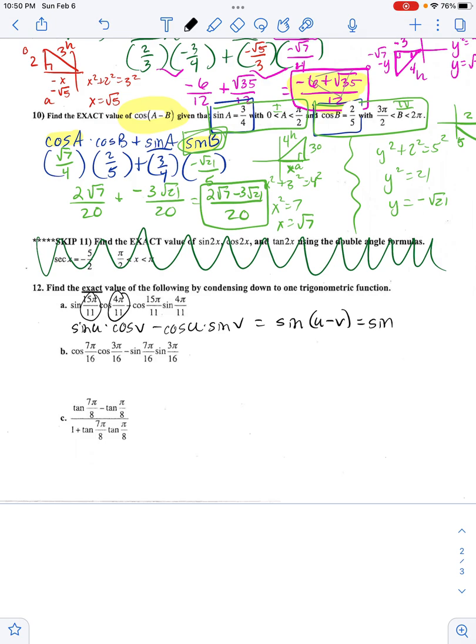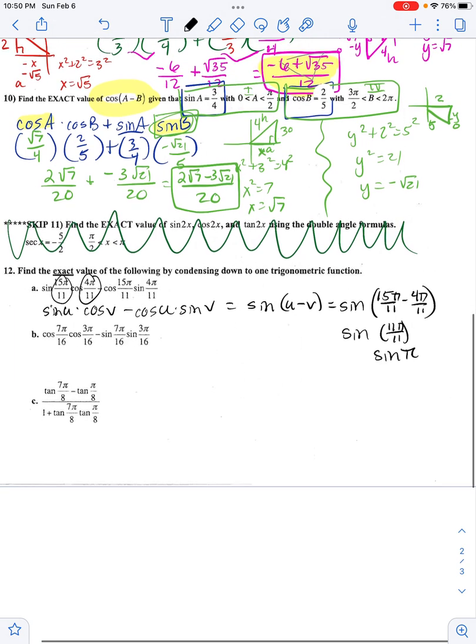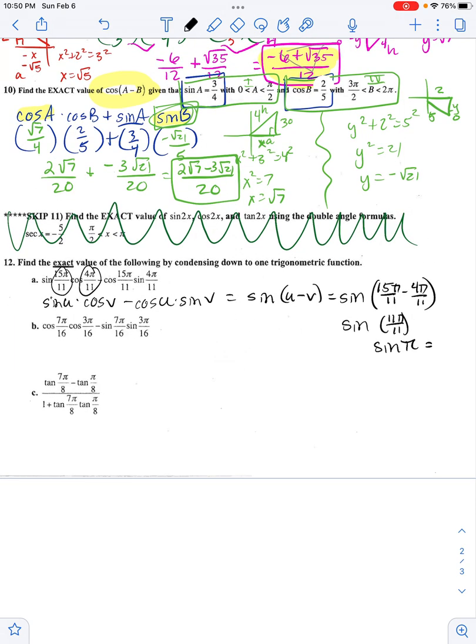So for me, in this case, it would be the sine of 15 pi over 11 minus 4 pi over 11. Well, I go ahead and subtract them, and I get 11 pi over 11. So I end up with the sine of pi, which is actually something I can look up, which is why this is asking you for a value.